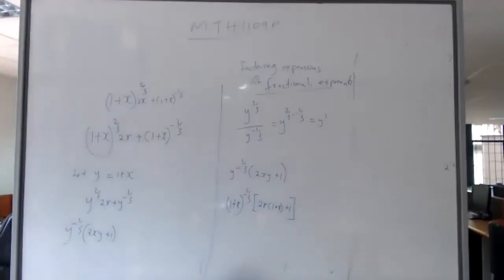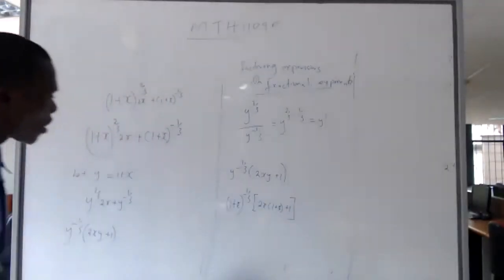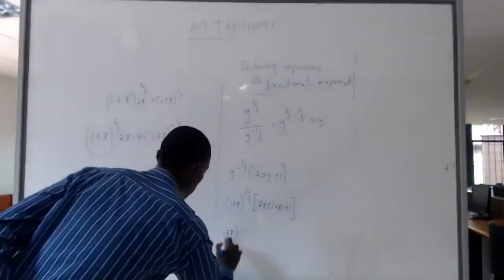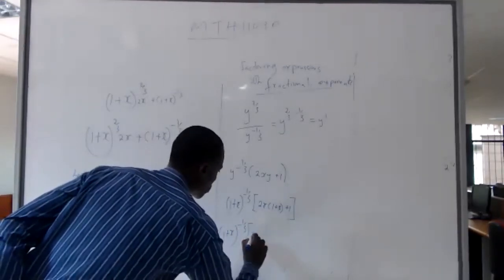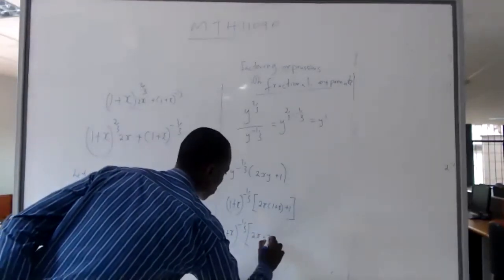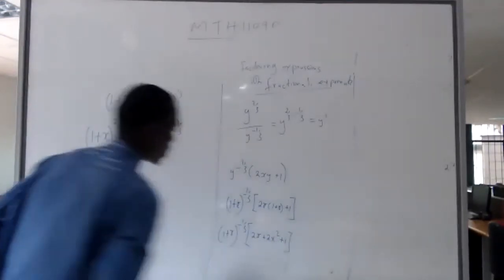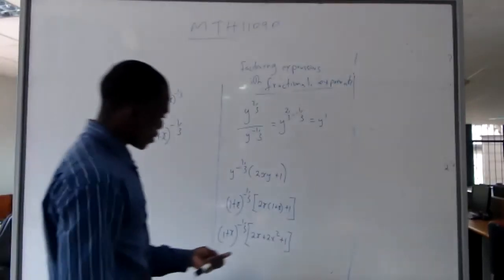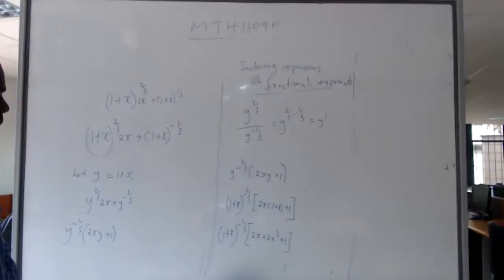I don't think you can proceed any further. Maybe try to open the brackets. Let me see. So this will be 1 plus x to the power negative a third into 2x plus 2x squared plus 1. Will it be possible to factorize this? Maybe, maybe not.